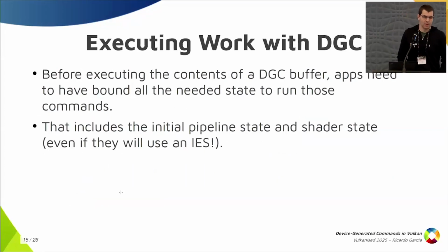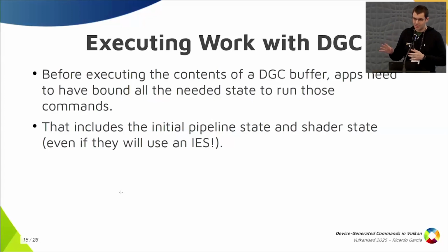So how do we go about actually telling Vulkan to execute the contents of a specific buffer? Well, before executing the contents of the DGC buffer, the application needs to have bound all the needed state to run those commands. That includes descriptor sets, initial push constant values, initial shader state, and initial pipeline state.